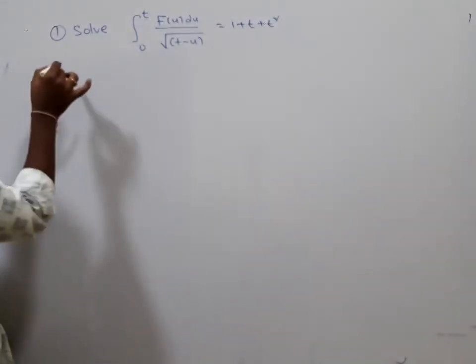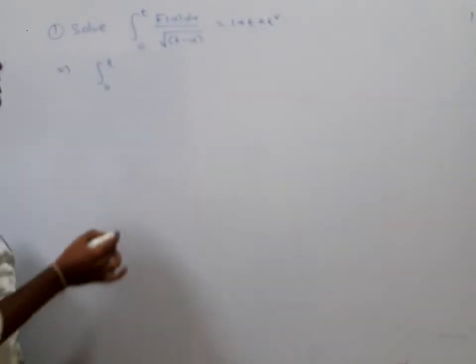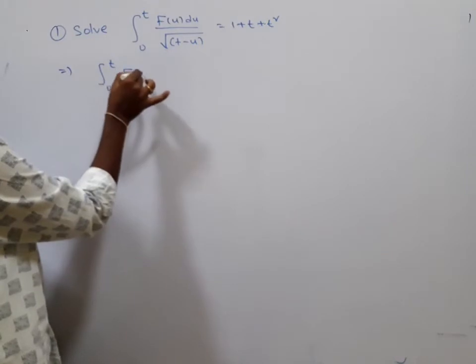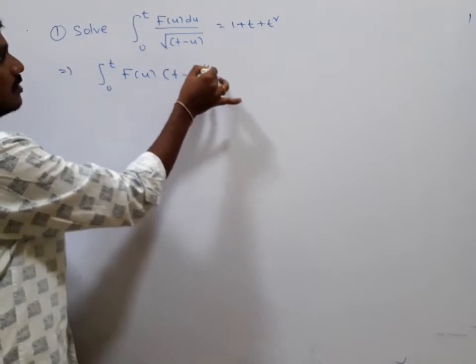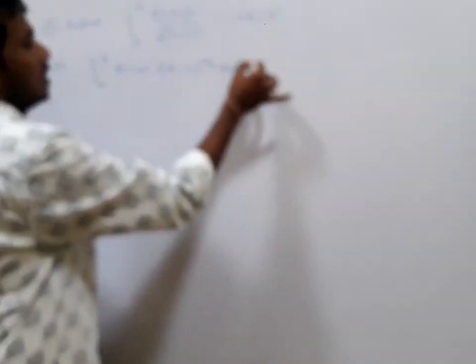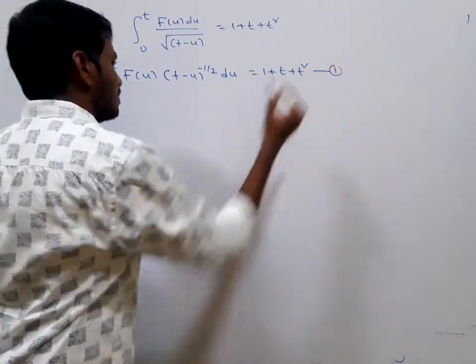This can be written as integral 0 to t f of u into (t minus u) whole to the power of minus 1 by 2 du is equal to 1 plus t square. So this is equation number 1.